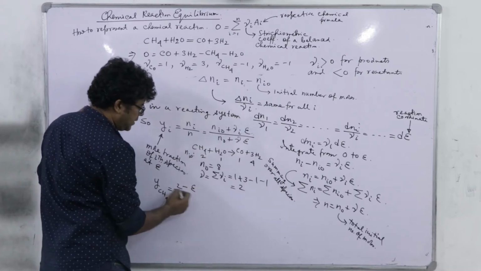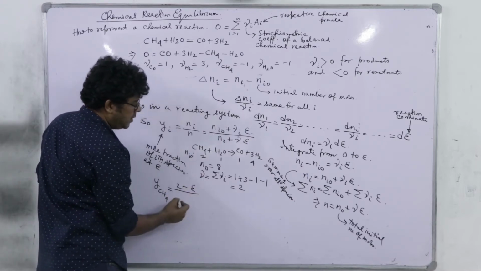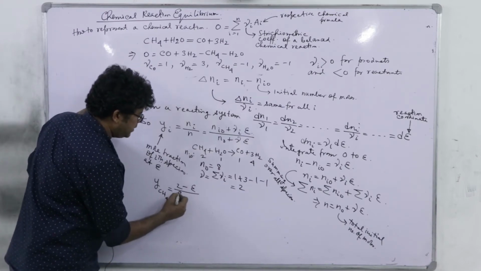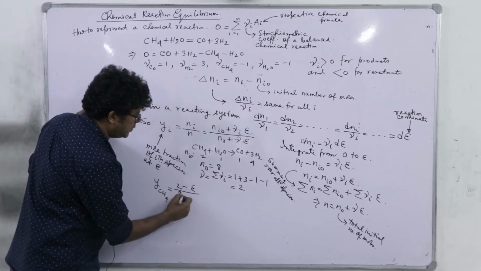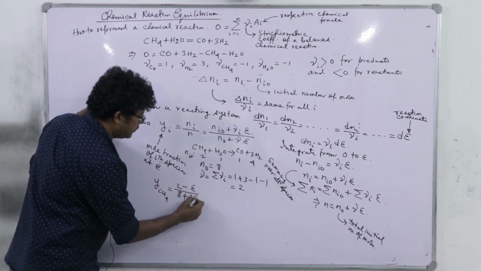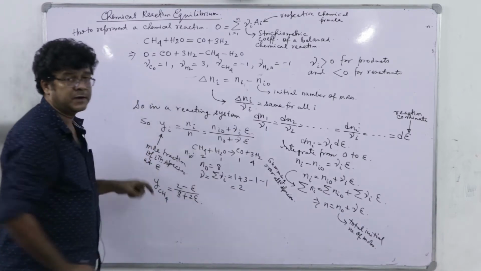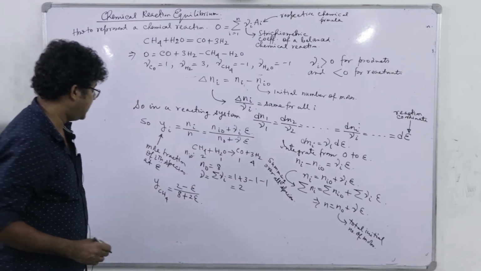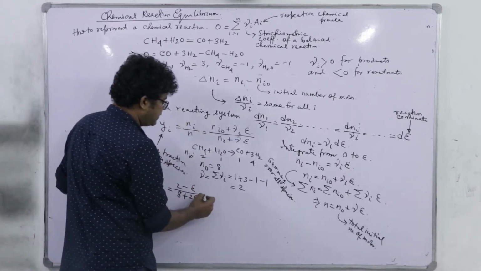So, 2 minus epsilon divided by this n0, 8 plus nu into epsilon, and nu is 2, so 2 epsilon. So, this becomes the expression for the mole fraction of methane participating in the reaction.